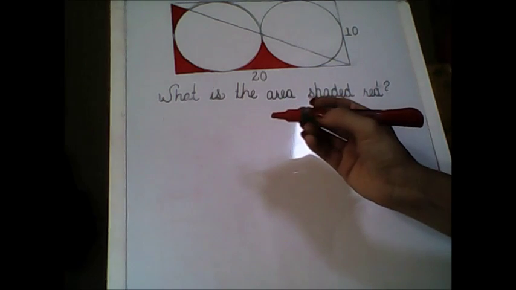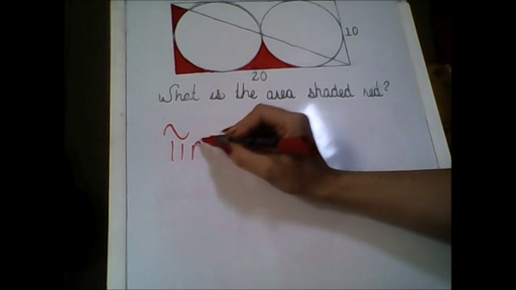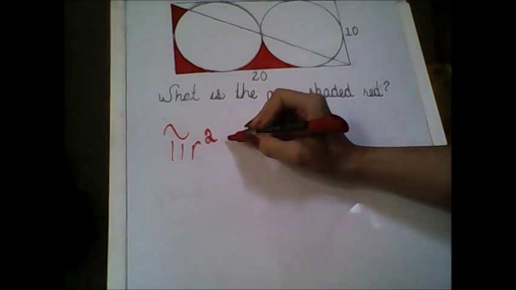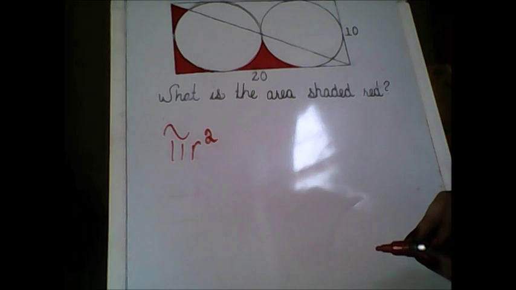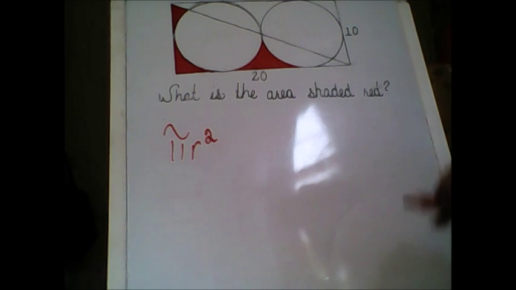So let's find the area of that. The formula for finding the area of a circle is pi r squared. Mind Your Decisions went to 3 significant figures after the decimal point, so that's what I'm going to continue with as well. Mine is a slightly different answer just because of rounding.